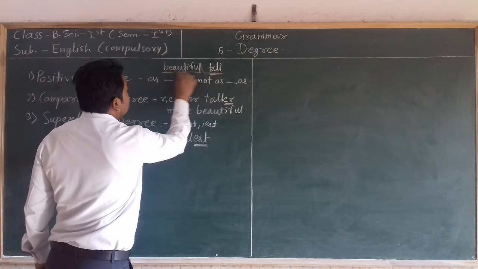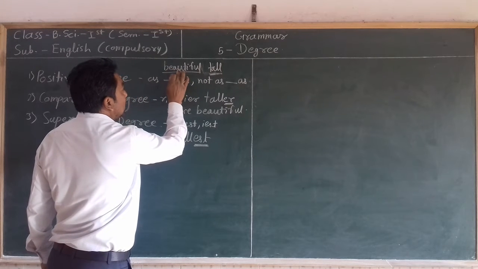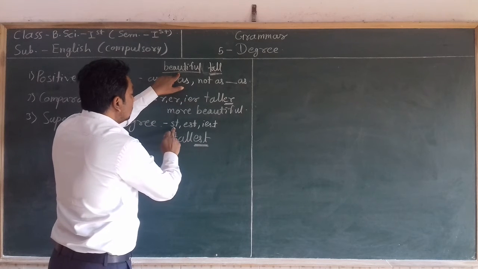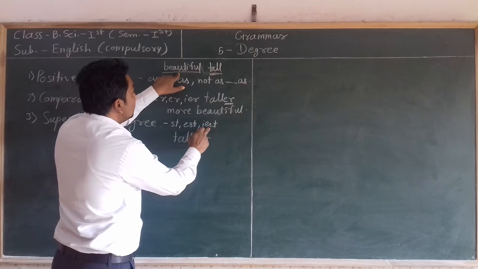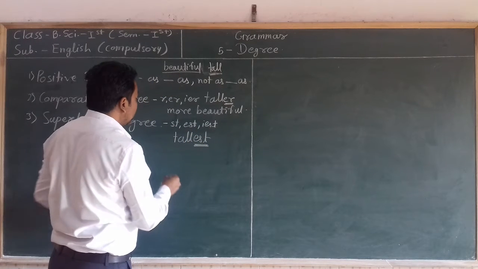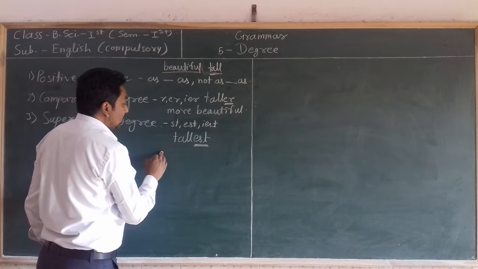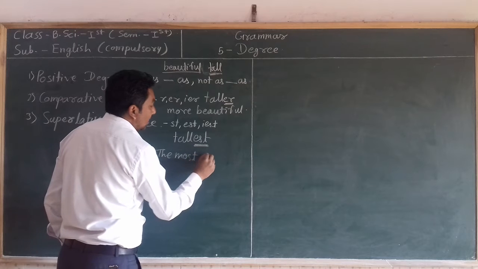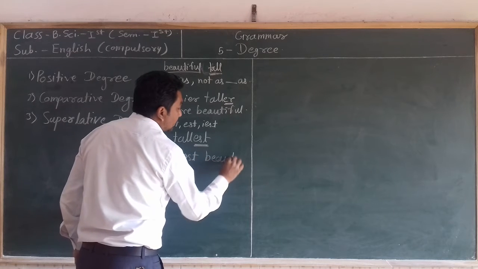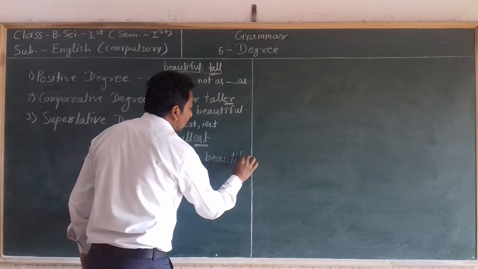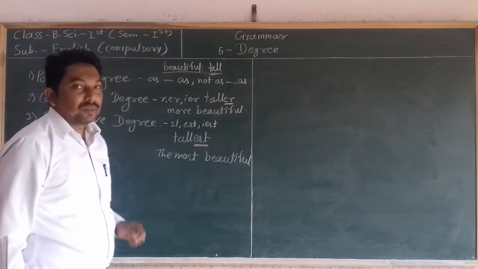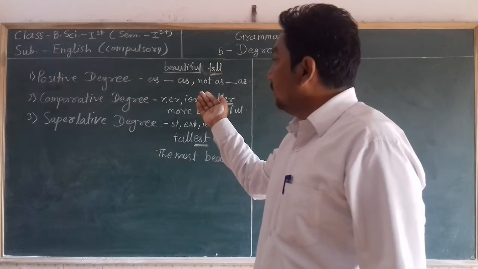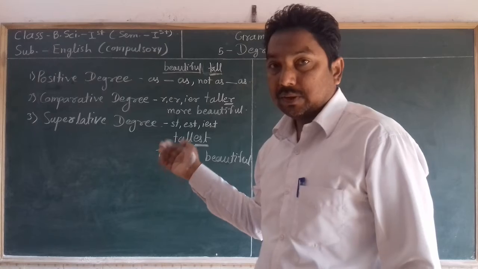If we want to convert the original form of the adjective word beautiful, if we cannot use suffix like st, est, iest to this kind of word, and we want to convert it into superlative degree, we can use the most in front of it, the most beautiful. So this way we can convert any word from positive degree to comparative degree to superlative degree.